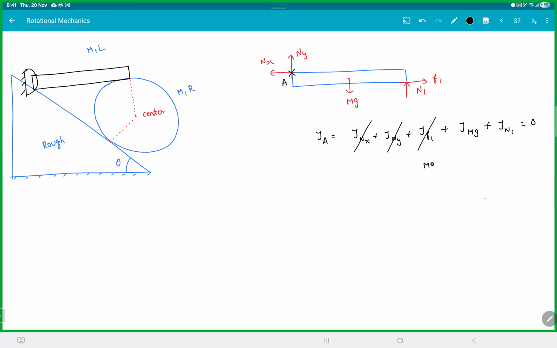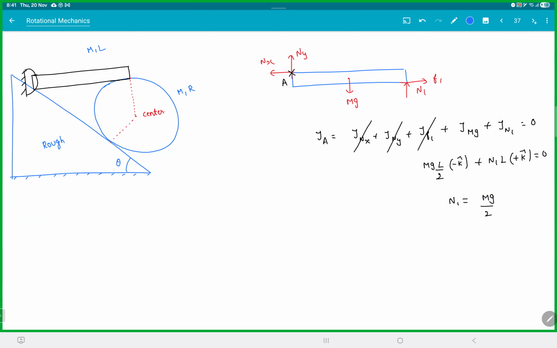So this will be mgL by 2 minus k cap, and that will be N1 into L plus k cap is equal to 0. So we get N1 is equal to mg by 2. Perfect, we got one. We got N1 without actually doing much, but okay.